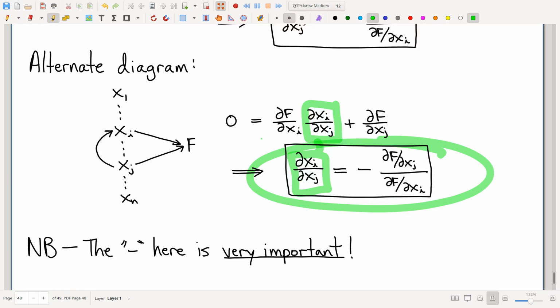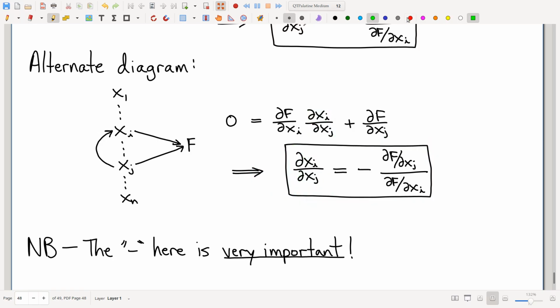Now, I want to point out there's something unexpected, I think is a fair statement, and that's this minus sign. I'm going to call it unexpected because here's the tempting, nonsensical, but still tempting thing you're going to want to do. You're going to want to say, ooh, hey, partial f, let me just cancel those.